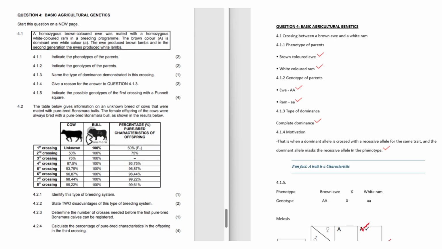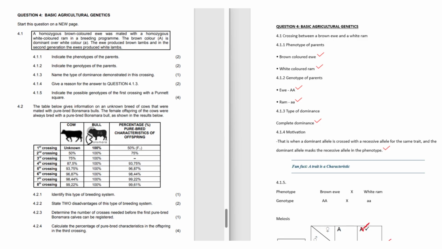Then what is the phenotype? The phenotype is the physical appearance of the organism. It is the physical appearance of the animal. It's what we can see and observe about the animal with our naked eye.